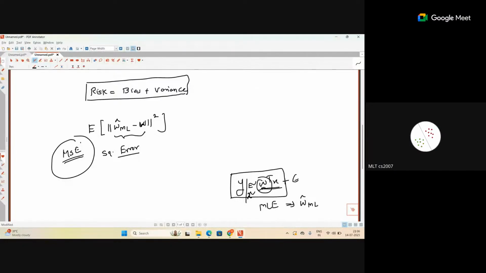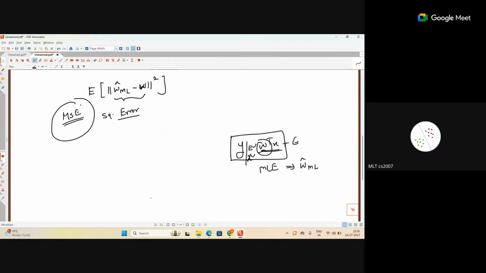Now, let's say 1,000 people have done this experiment. So I'm just saying W hat ML1, W hat ML2, like that up to W hat ML1000, with different samples. Now each of these will not be the same as W. There will be some error here, and I will take the square of it.